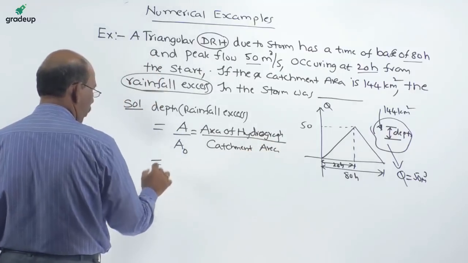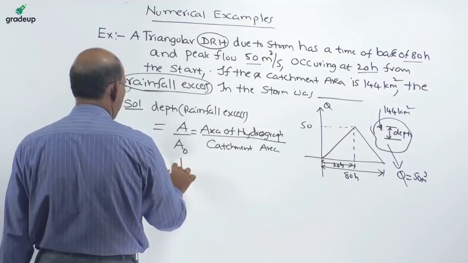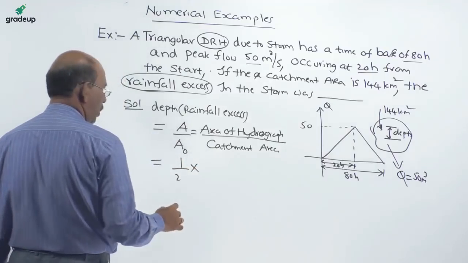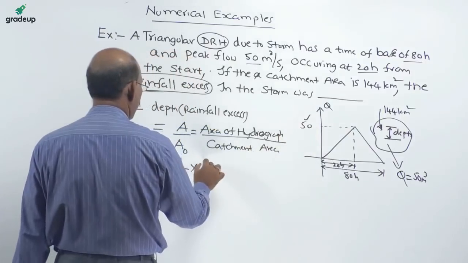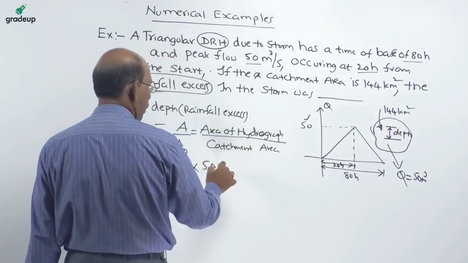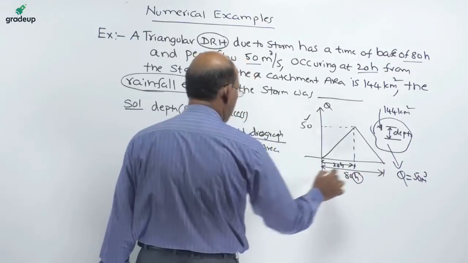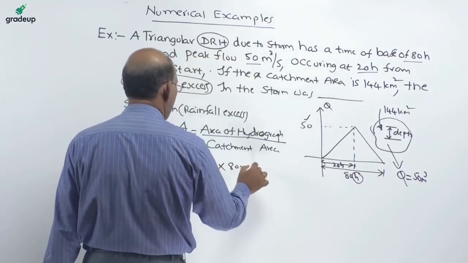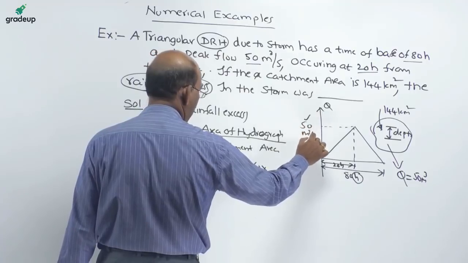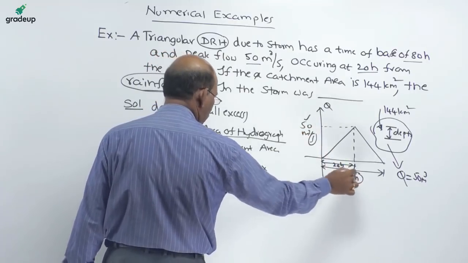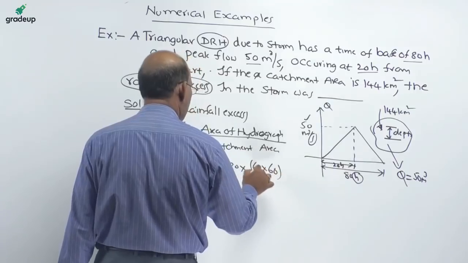So, which is equal to area of the hydrograph, half into 50, the ordinate, 50 meter cube per second, into the time, 80 hours. I am converting this, so this is seconds, this is hours. So, converting hours into seconds.